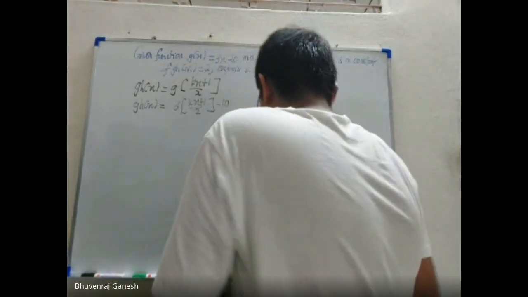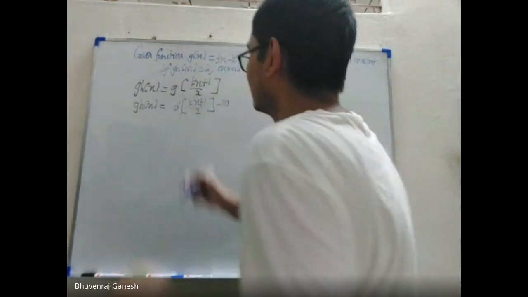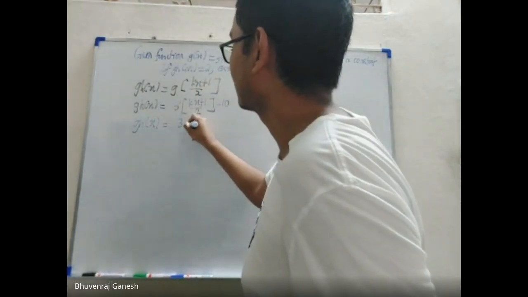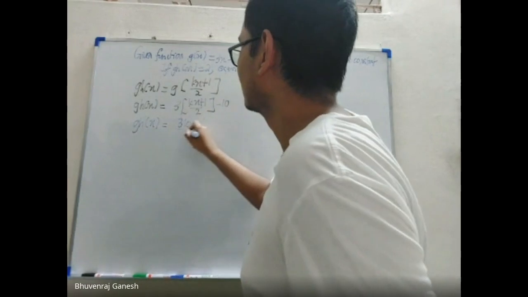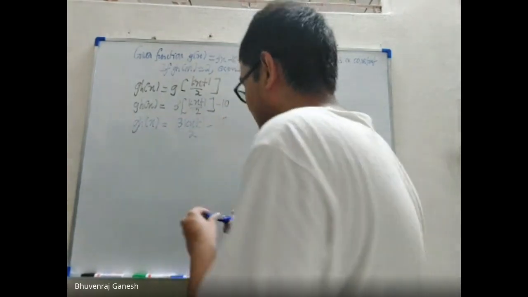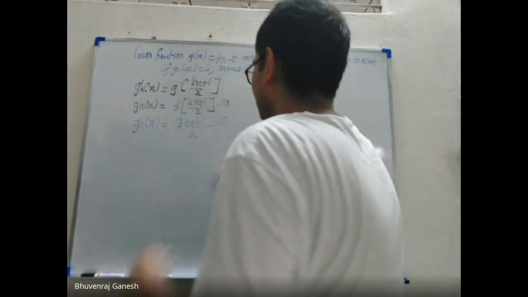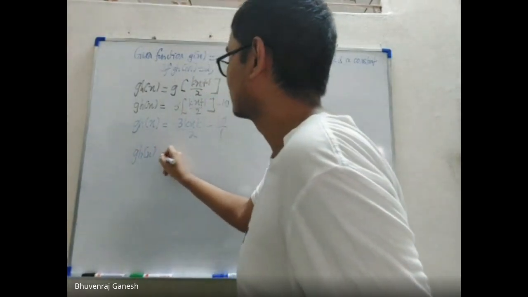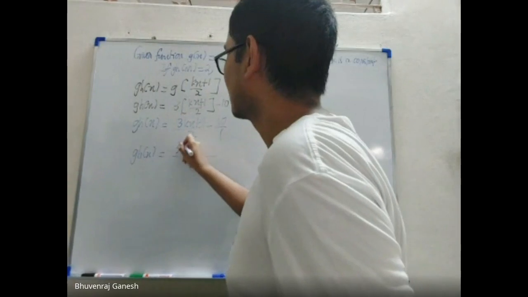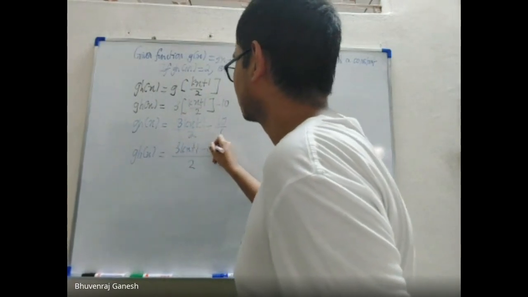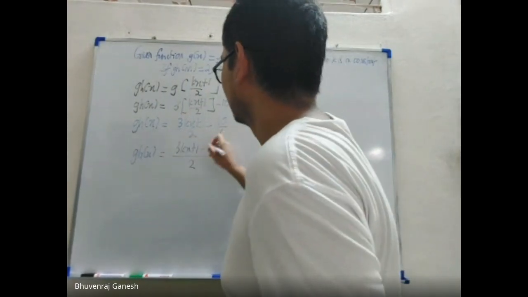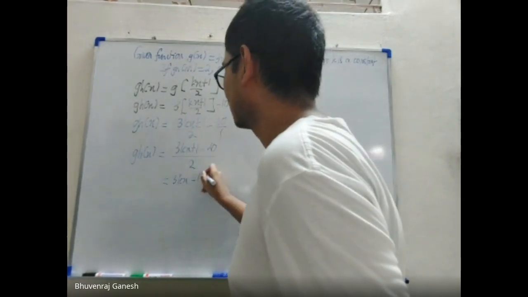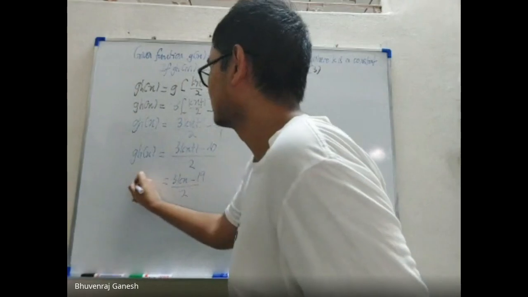So you will get gh(x) is 3 times kx plus 1 over 2 minus 10. So you want to rationalize it, you can put over 1 here. So you'll get gh(x), you'll divide 2. So 3kx plus 1 minus 10 minus 20. So you'll get 3kx minus 19 over 2. So this is your gh(x).